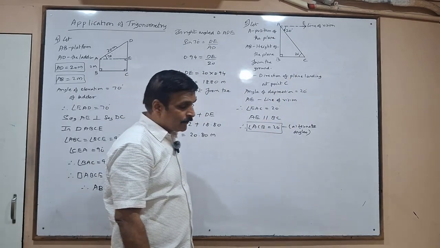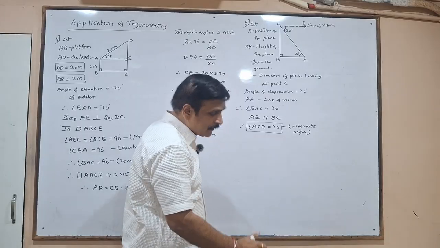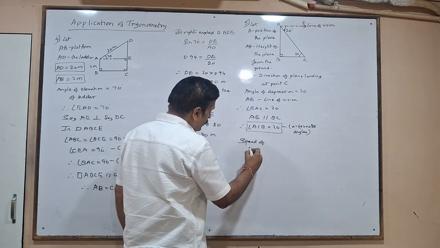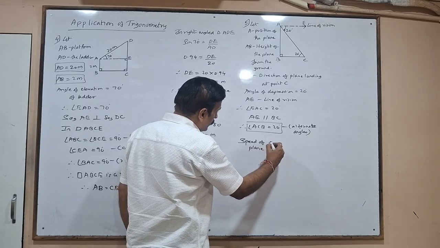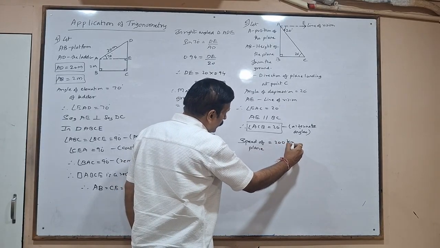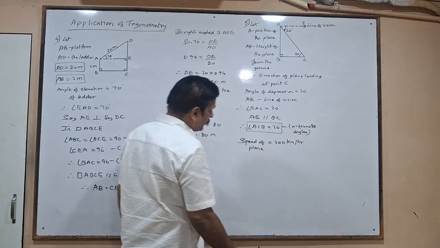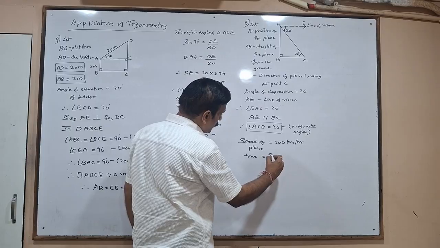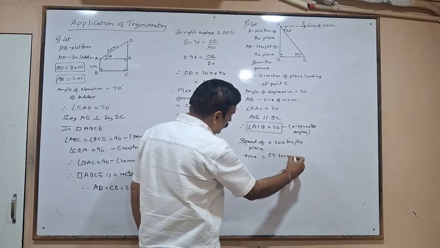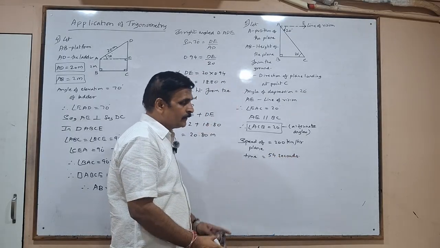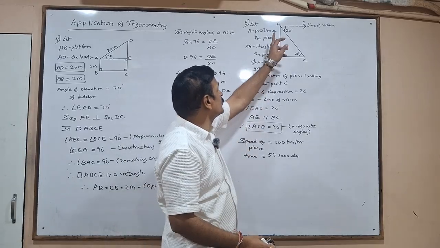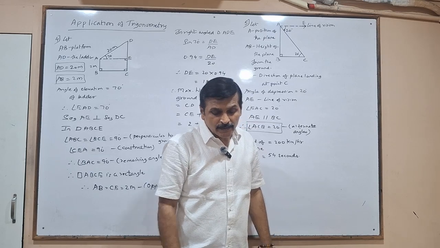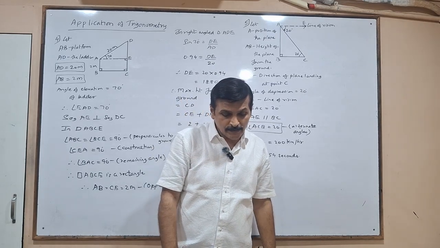We know that angle. Also, two more things we have mentioned. One is speed of plane, which is 200 kilometer per hour, and the time is 54 seconds. So this distance AC, the plane has traveled in 54 seconds.